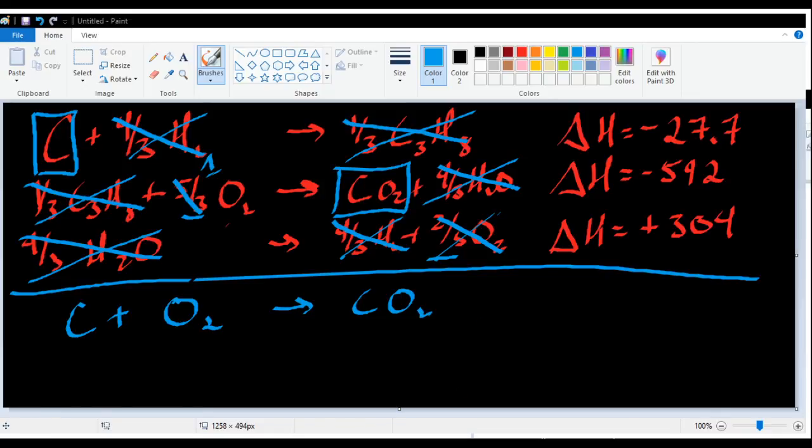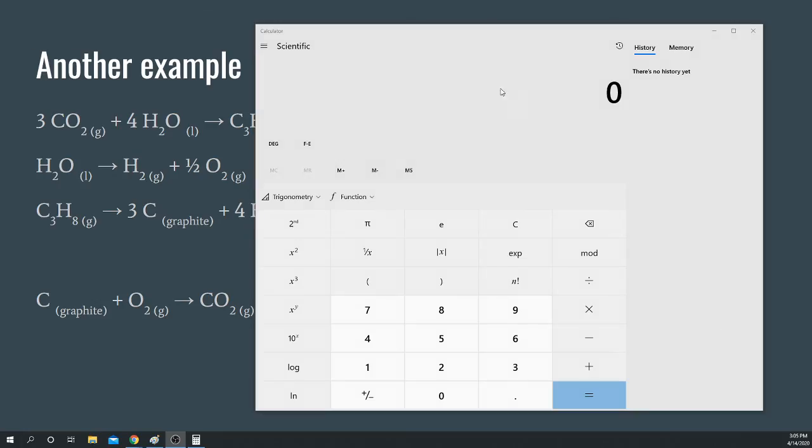And so when we pull up our handy calculator, we can add negative 27.7 plus negative 592 plus positive 304 equals negative 315.7.